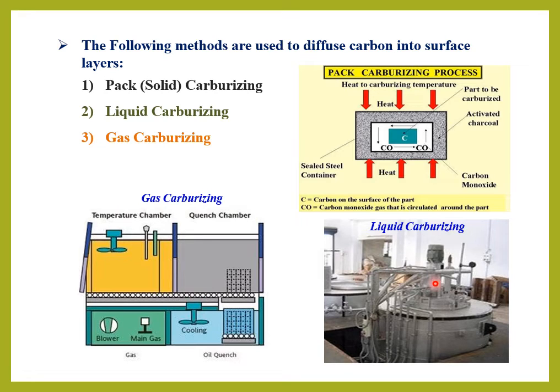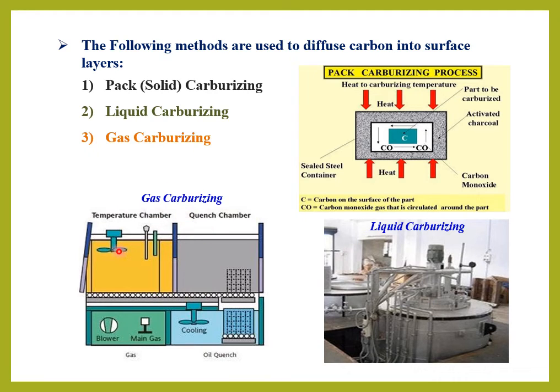Coming to liquid carburizing, the process is the same, but in place of solid, the steel parts are kept surrounded by the medium. We do the heating and the reactions occur and release carbon atoms.